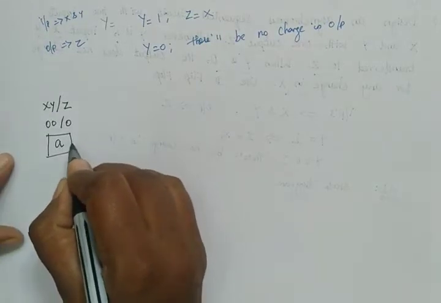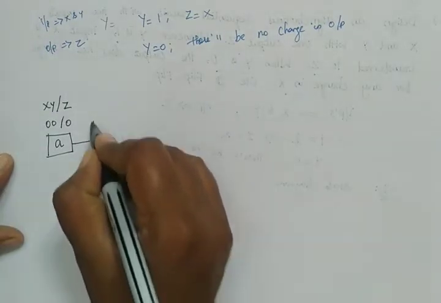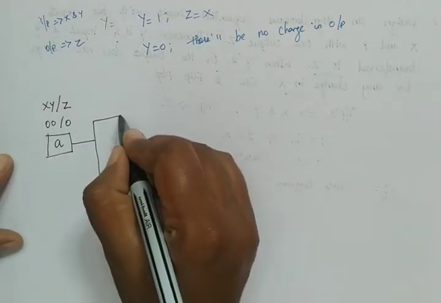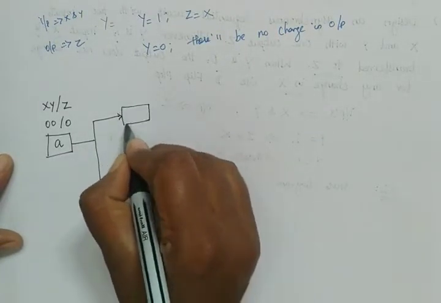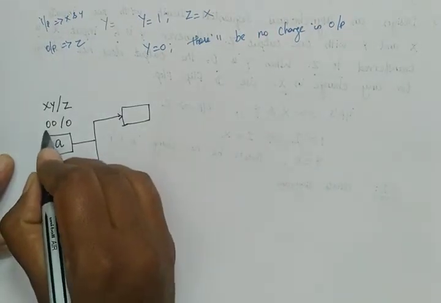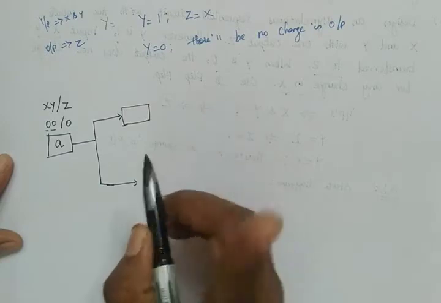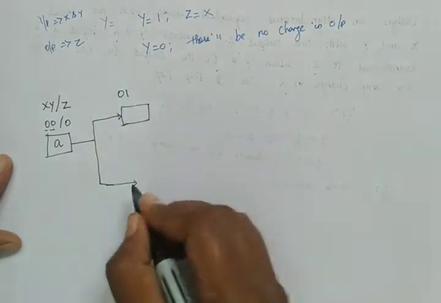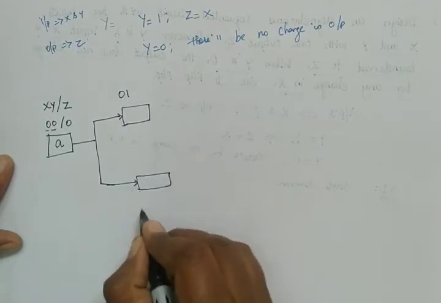Now, let us move on to the diagram. Before drawing the state diagram, if we draw the state as a tree structure, then it is very easy. Here we have 0, 0. If we have a 1 bit change, either we will have 0, 1 or 1, 0.